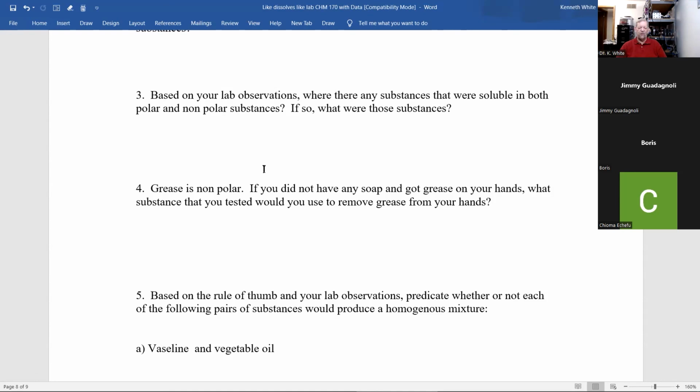Now, let's talk about where students get this wrong. Question is, you got grease on your hands. I don't, but pretend I do. I've got to use something to clean it off. I don't have it on the table, but it gives you an illustration where students go wrong.